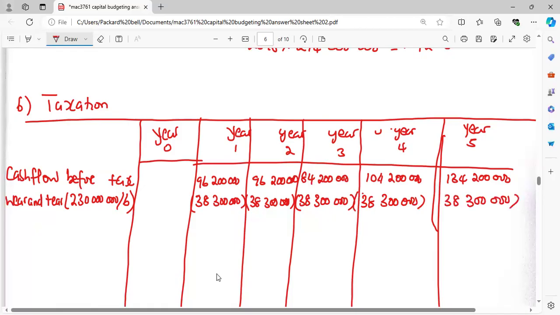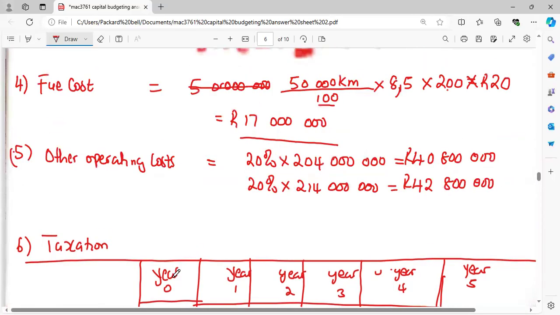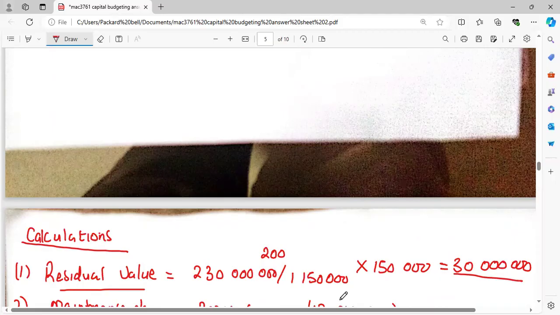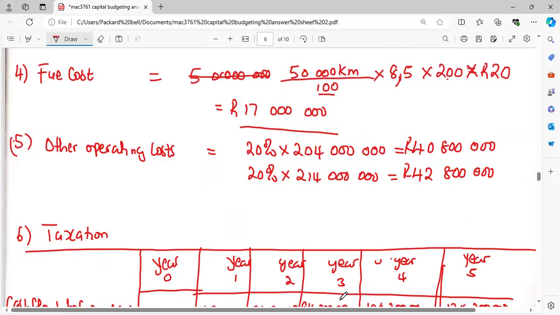Is there anything else besides the wear and tear that we can put here? Remember, there is a residual value, the residual value of the buses. What can we derive from this residual value? There's something that we can get there.